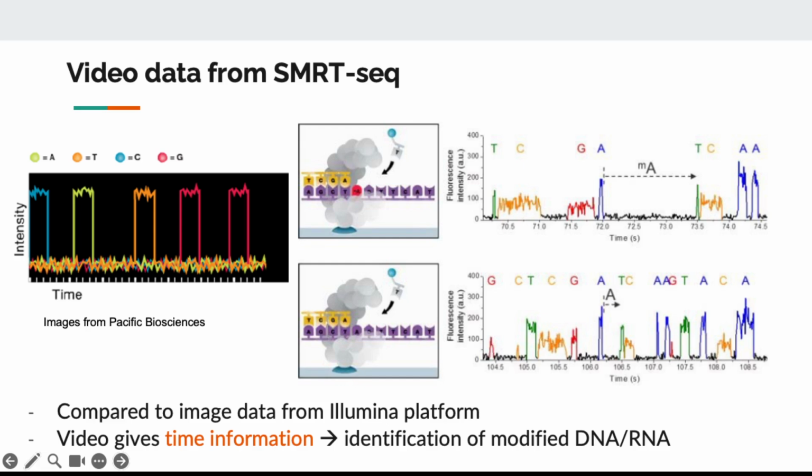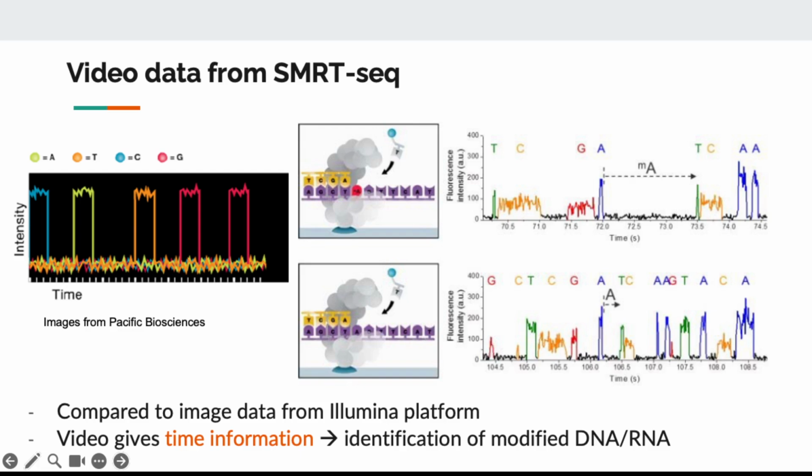Then there is no polymerization, and then there is incorporation of an A, and then no polymerization, and then there is incorporation of a T. So you might think, okay, instead of getting images, now we got a video. What use can we make from video, right? We just see the same incorporation of C, A, T, G, and G.